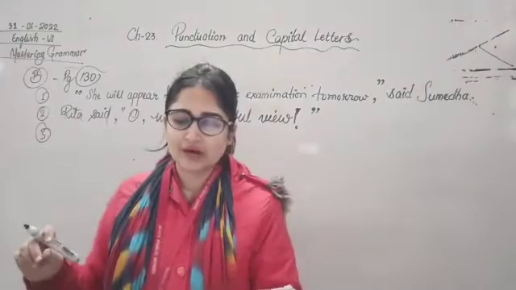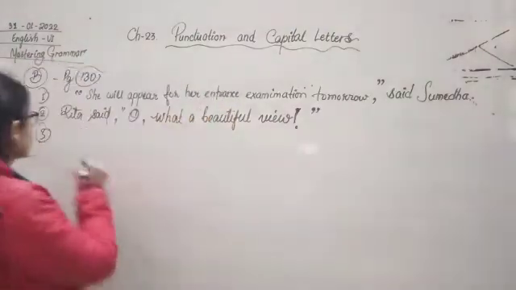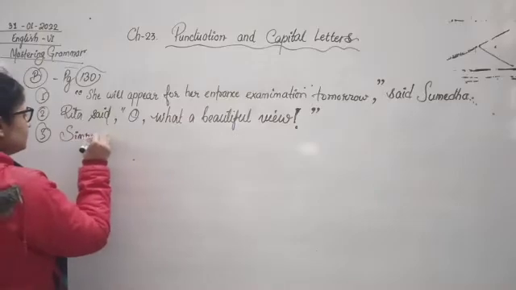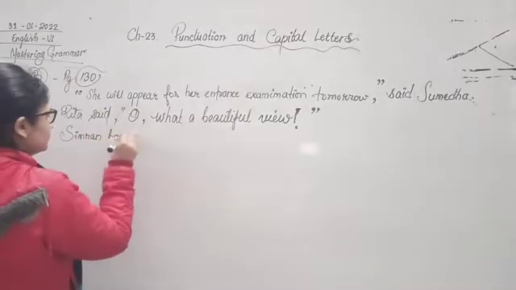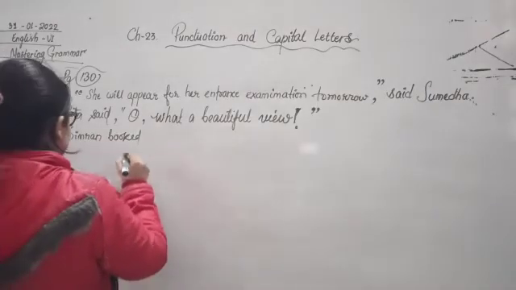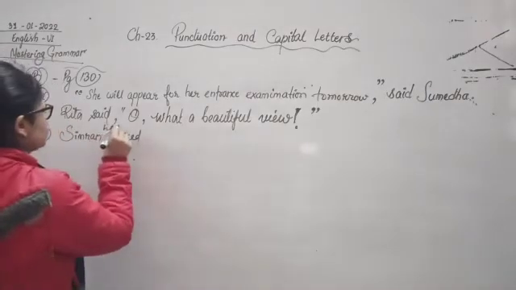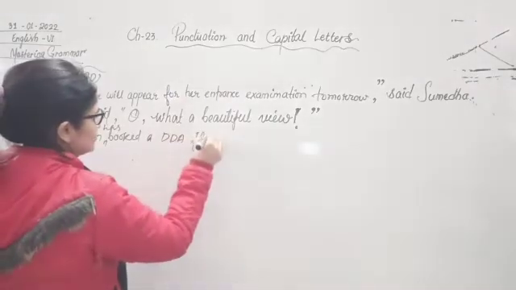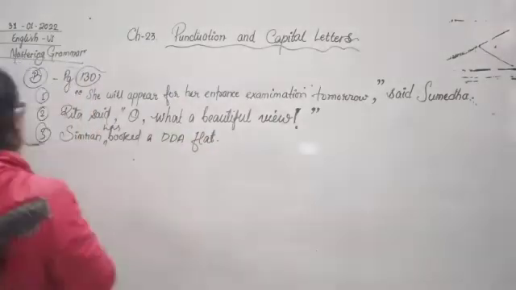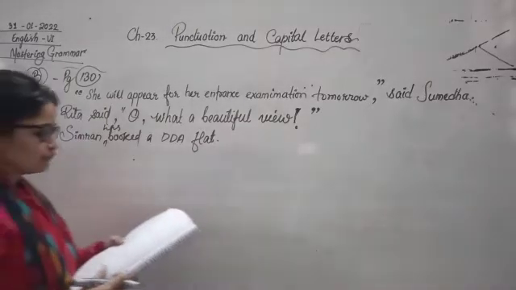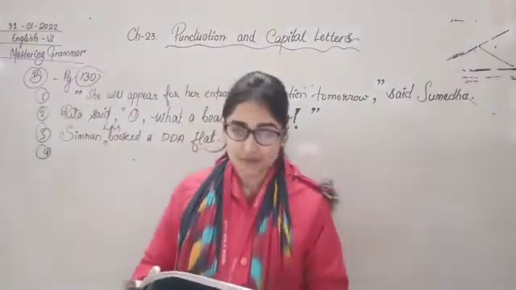Number 3. Simran has booked our DDA flat. So Simran, S will be capital. Simran has booked our DDA flat. Number 4. She prayed for the quick recovery of her ailing mother.